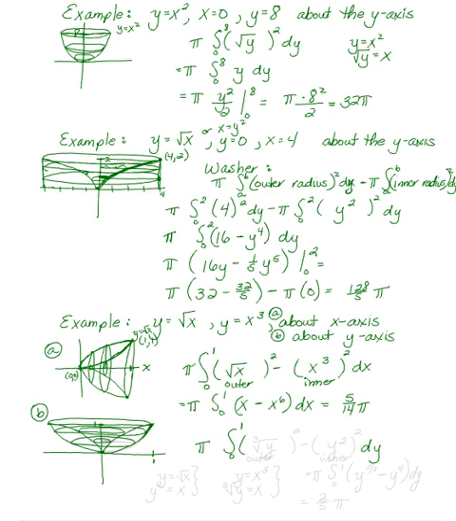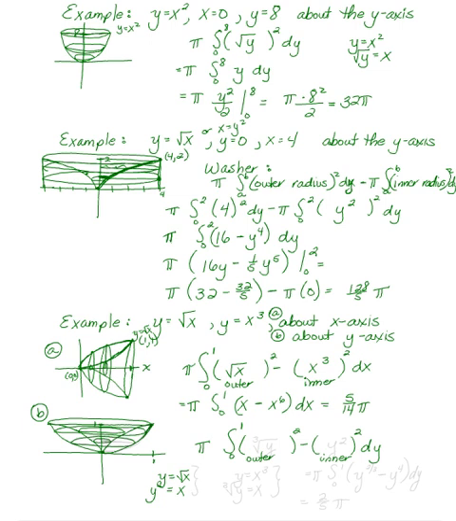We are going to have an outer radius squared minus an inner radius squared, same idea that we had before. They just might not be exactly the same functions. Keeping in mind that we are integrating with respect to y, we look at our two functions. We had y equal to the square root of x, and if we solve that for x, we have x equal to y squared.